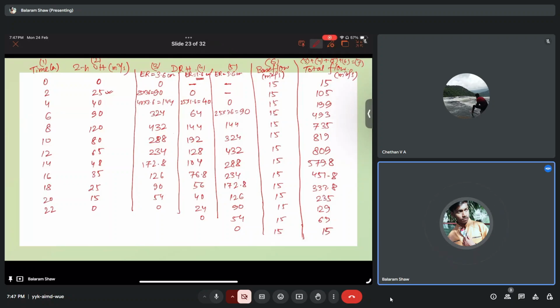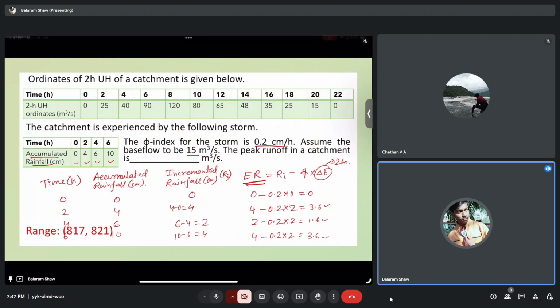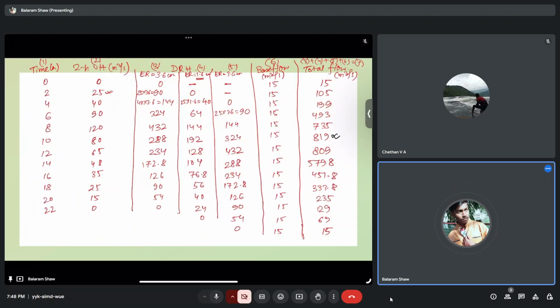It will be 15 again, right? What was the question? The question was the peak runoff in the catchment that we need to find. So the highest value will be the peak runoff, right? So the peak runoff you are getting is 819. So the correct answer for this will be 819 meter cube per second.